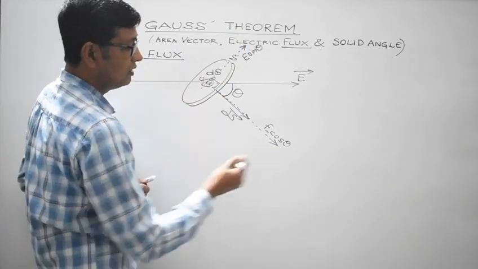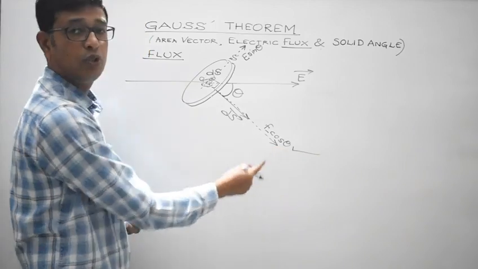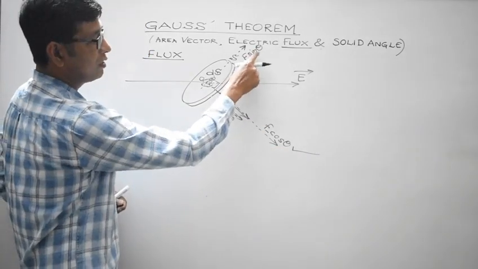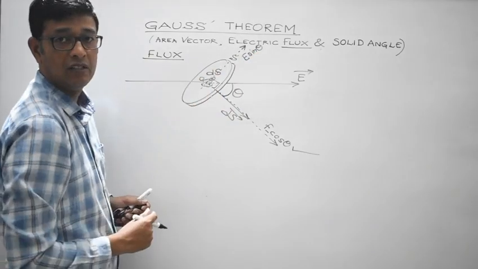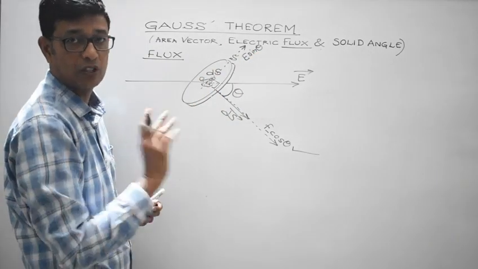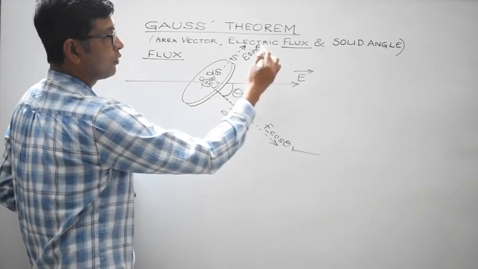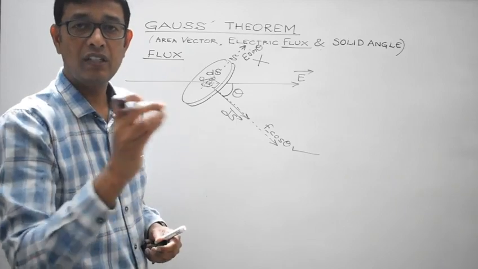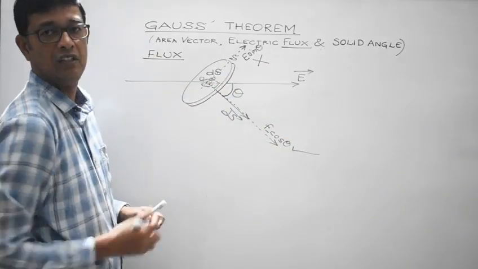So it is only this component which contributes towards the electric flux. E sin theta is the component of the electric field which is lying on the surface, not perpendicular to the surface. So this component of electric field won't contribute anything towards the flux associated with this surface.